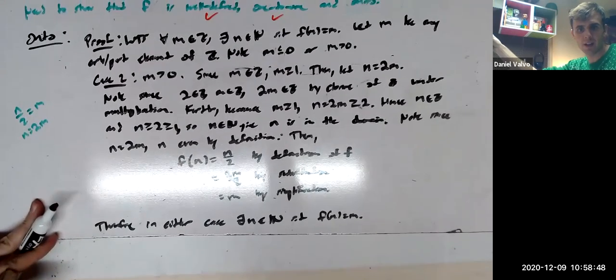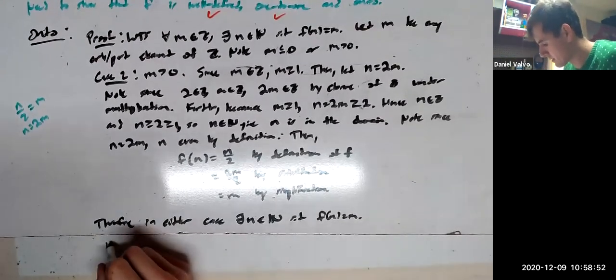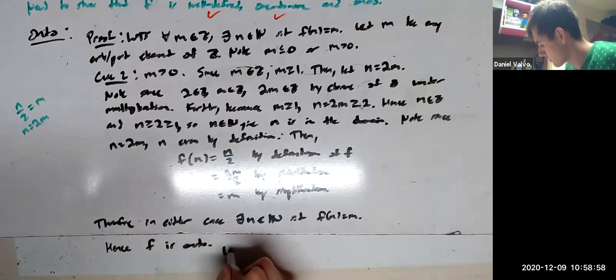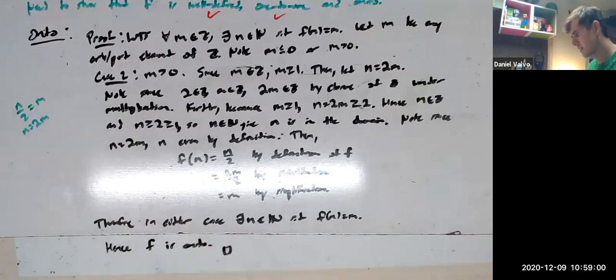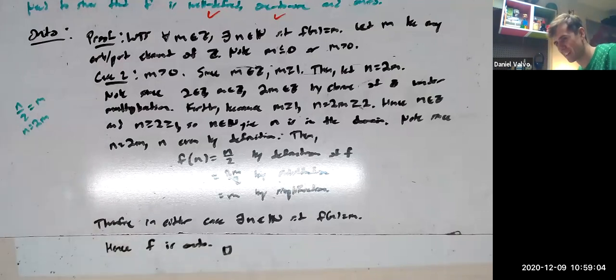So in either case, there's an n in the natural numbers such that f of n equals m. Hence, f is onto. Whew. So f is onto.